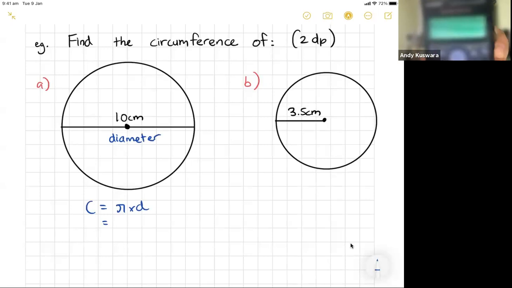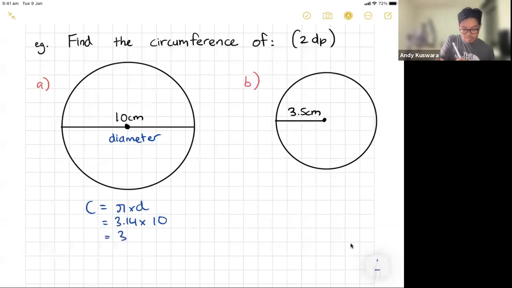So it's going to be 3.14 times diameter, which is 10, and that ends up becoming 31.4, technically 31.415. So it'll be 31.42 and it'll be centimeters. If you put that in your calculator, that's what will come up once you round it correctly to 2 decimal places.